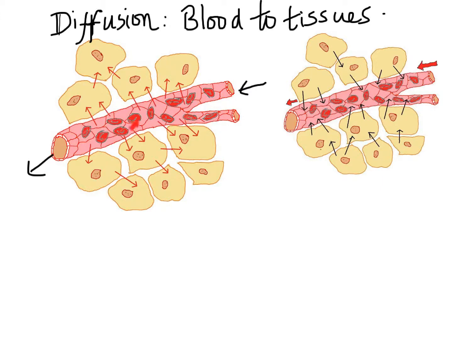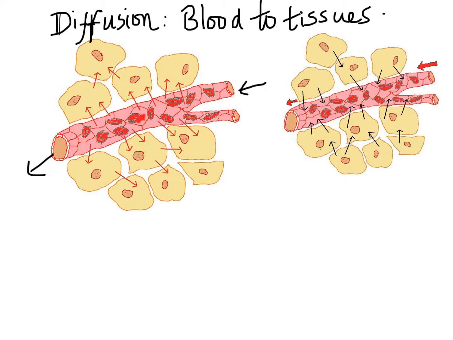One is the thickness: the capillary is very thin, made up of one single layer of cells. Blood moving maintains the high concentration difference, and the third one is the sheer number of the capillaries. There are so many of these in each tissue.